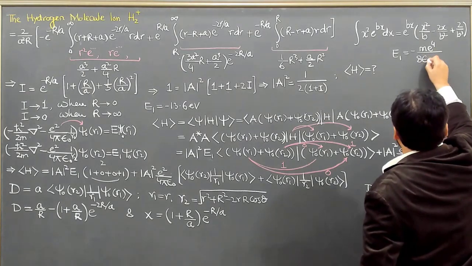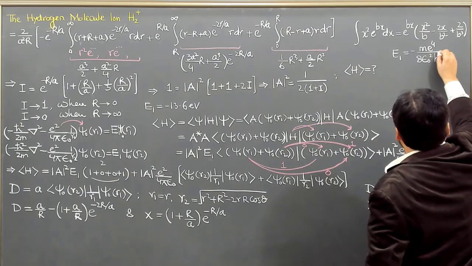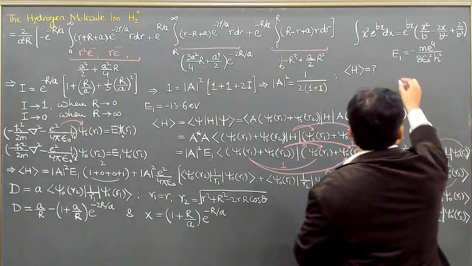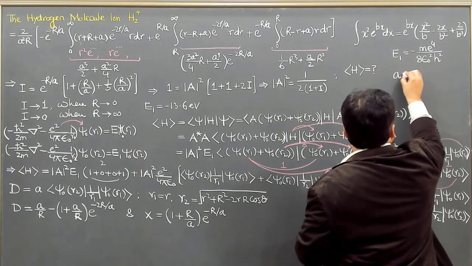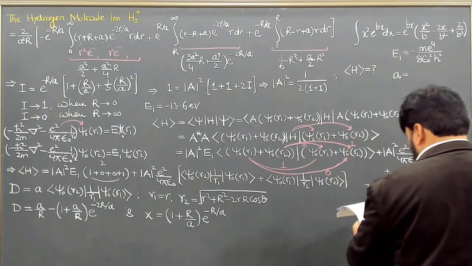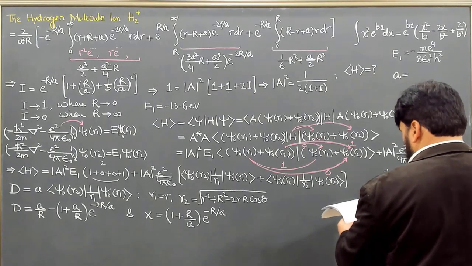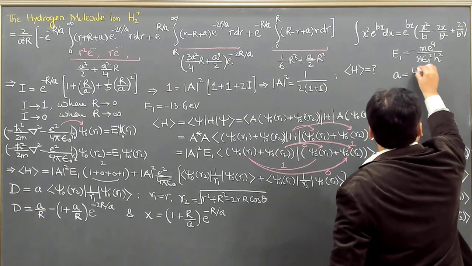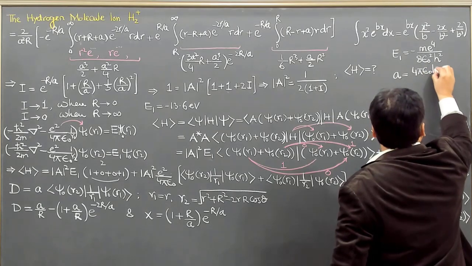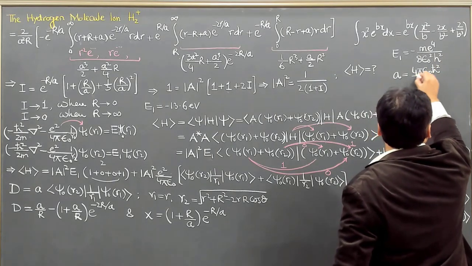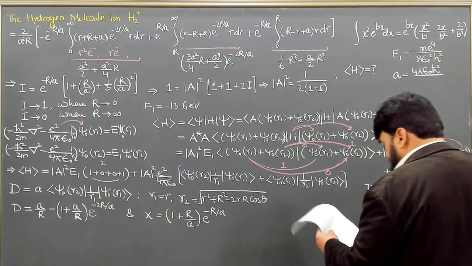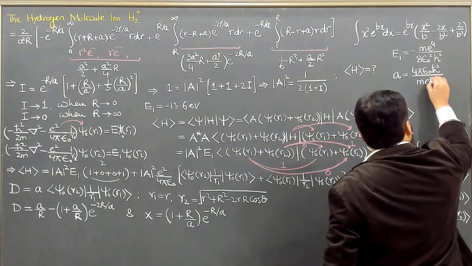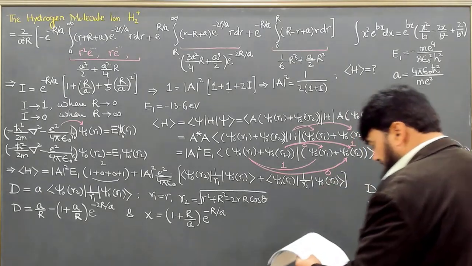We also know the Bohr radius, which is equal to 4 pi epsilon naught h bar square over m e square.